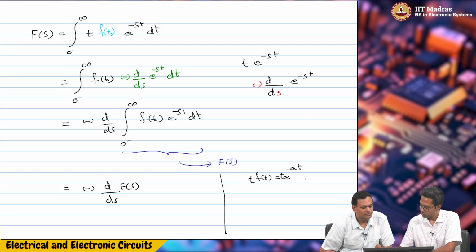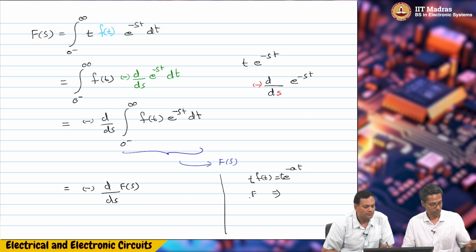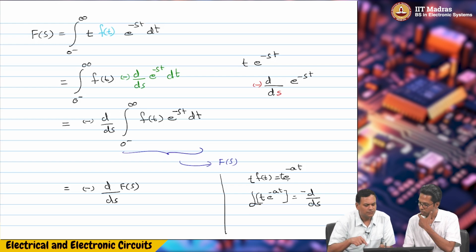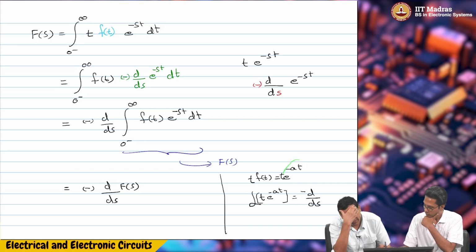So the Laplace transform of that will be minus d by ds of F of s, where f of t is e power minus at.